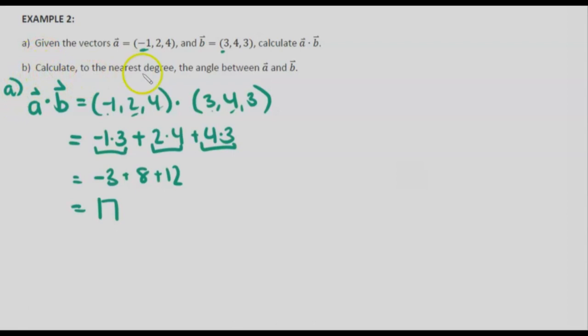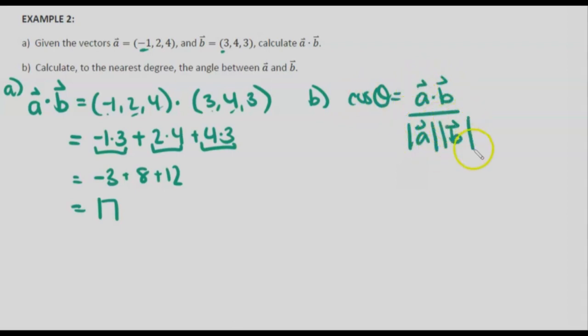Now B: calculate to the nearest degree the angle between vector A and vector B. If we think about cos theta equals A dot B over the magnitude of A times the magnitude of B, we have the entire numerator, it's just 17. The values we're missing are the magnitudes.